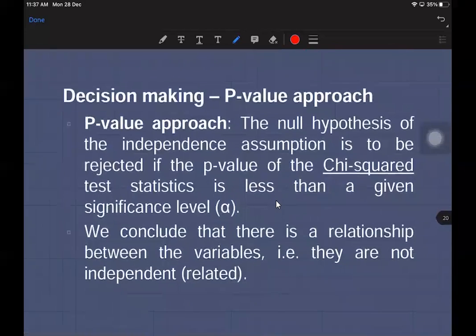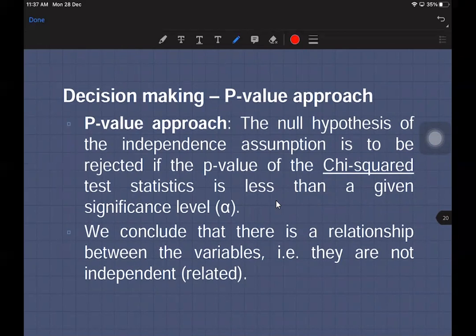So, decision making using the p-value approach. It's the same as the previous lecture. If your p-value is greater than the significance level, your decision will be do not reject the null hypothesis.